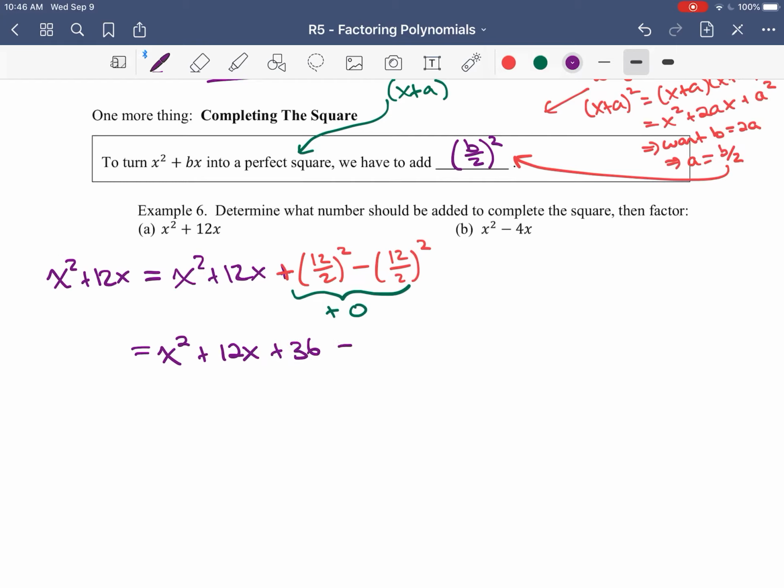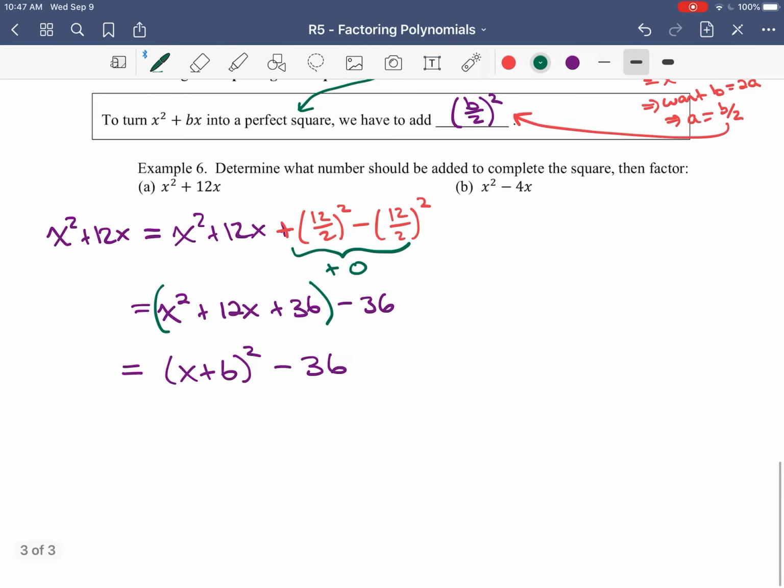So I have what I started with, and then plus 36 minus 36. What I'm going to do is just bracket this part, because those are the pieces I want together, since that part is actually x plus 6 all squared. So I've turned it into a perfect square and then plus a little bit and minus a little bit.